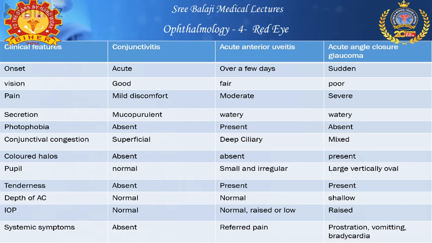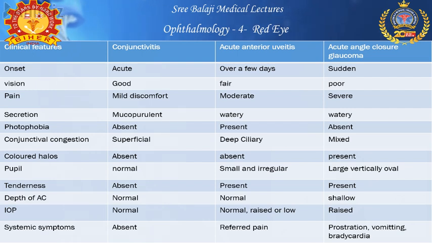The pupil is normal and briskly reacting in case of conjunctivitis, miosed and irregular in case of acute anterior uveitis, and in acute angle closure glaucoma it is large and vertically oval. Tenderness is absent in case of conjunctivitis, present in case of uveitis, and present in case of acute angle closure glaucoma.